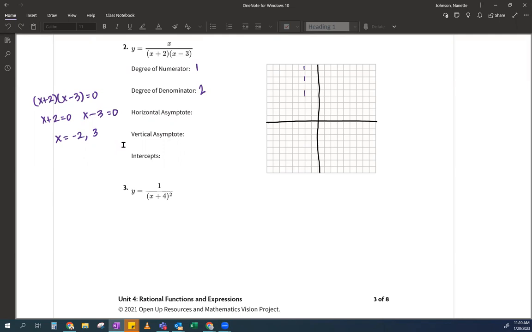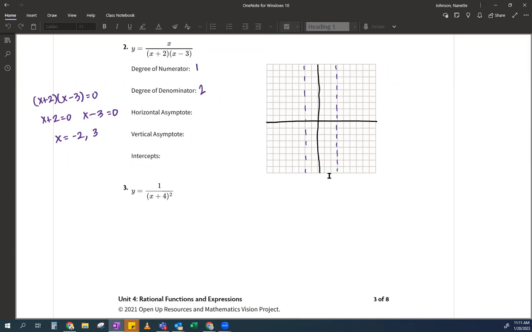On your graphs, if you ever have to graph this, asymptotes tend to be dashed lines because they're not actually part of your graph. They help you graph. Does that make sense? So that's why I make them dashed lines. So x equals 3 looks like this, dash, dash, dash. Good. Okay, so there are my 2 vertical asymptotes.